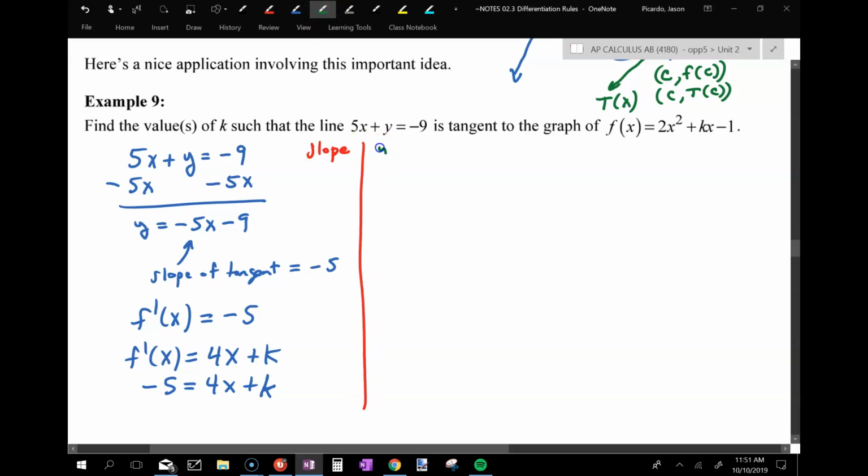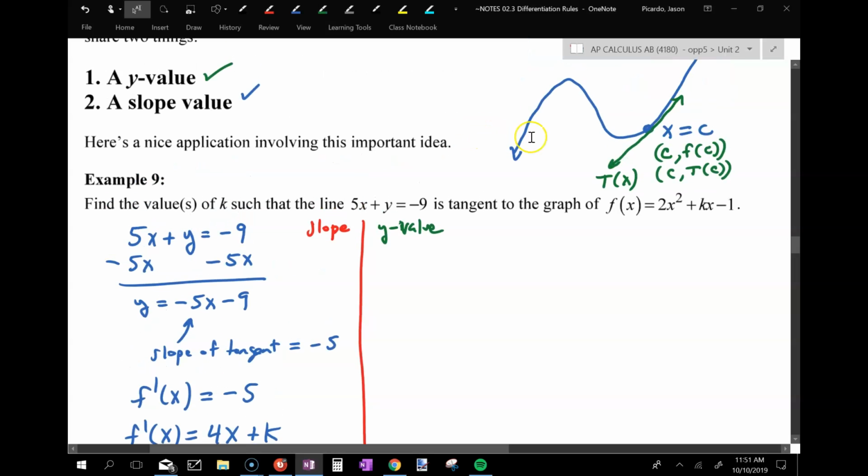Over here, we're going to do all work now involving the y value of interest, right? Because we know that a tangent line and a function always share the same value of y, don't they? They share a common y value. So guys, isn't this equal to this?